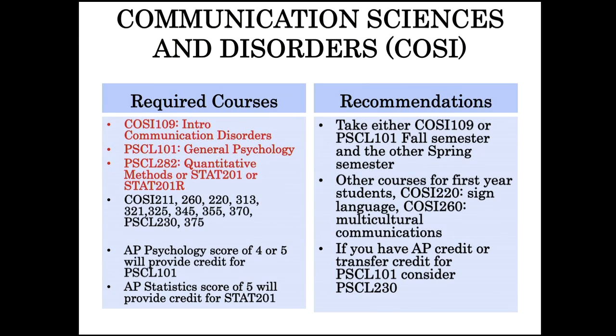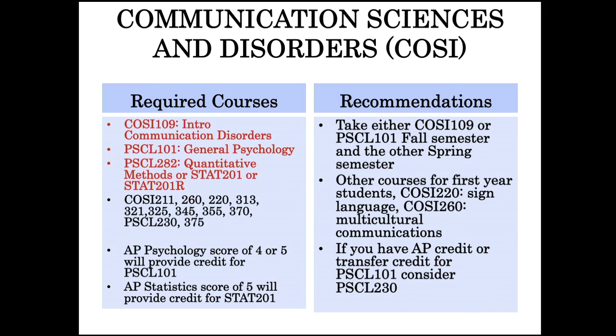At Case Western Reserve University, you can see that the major requirements for the Communication Sciences and Disorders program start with the Intro to Communication Disorders, COSI 109, and also an interdisciplinary breadth with Psychology 101 and a statistics class.